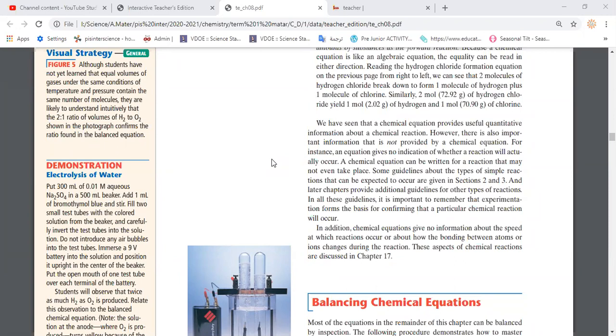For example, if I get a piece of gold and place it in hydrochloric acid, that means Au plus HCl. Actually this reaction doesn't happen. As a formula or as an equation, I could write it, but I don't know whether this equation actually happens or not. So the chemical equation doesn't represent whether it is an actual reaction that could happen.